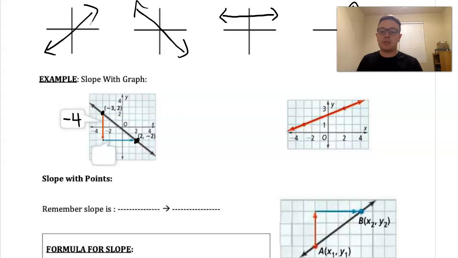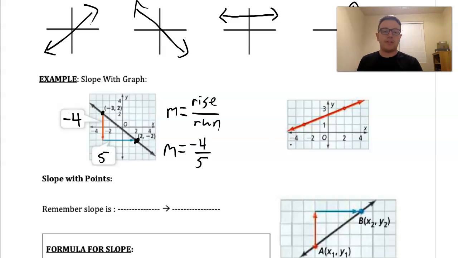How far do we go over right? Well, we go 1, 2, 3, 4, 5, which means that we run 5. And we get our slope, which we use the variable m, is going to be our rise over our run, or our slope is going to be negative 4 over 5.